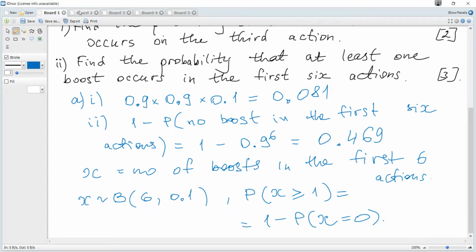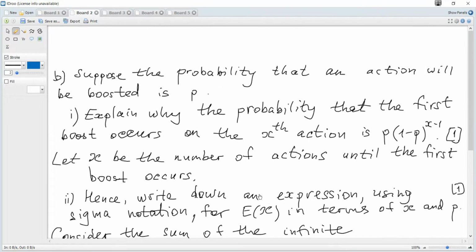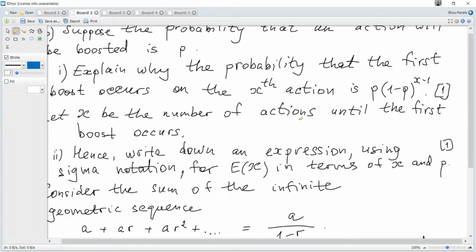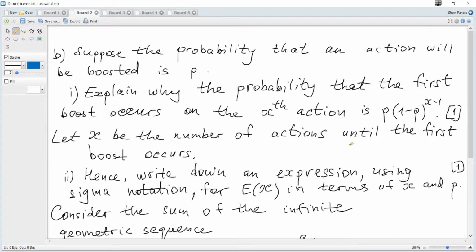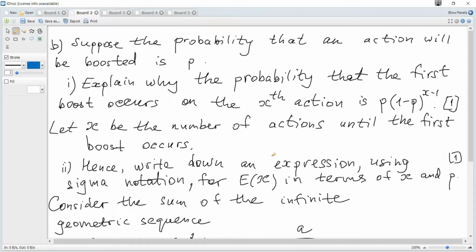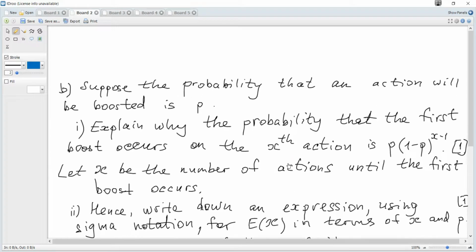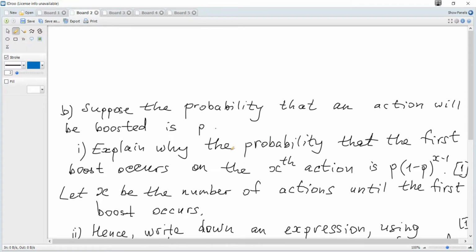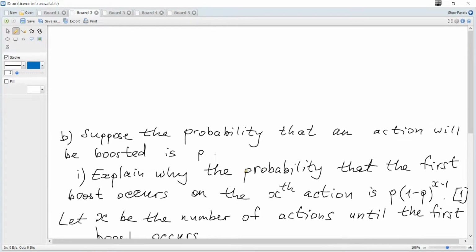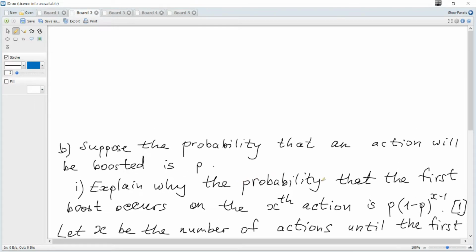The next, suppose the probability that an action will be boosted is p. Explain why the probability that the first boost occurs on the x action is p multiplied by 1 minus p to the power x minus 1. So it becomes what?